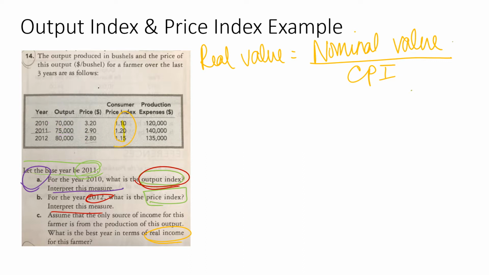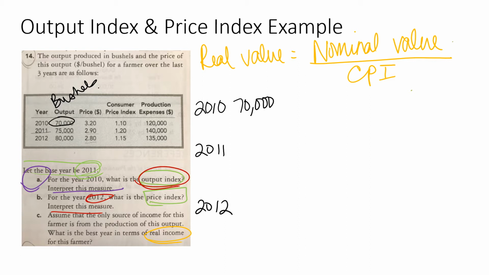I'm going to get rid of some of this stuff. So first we need to figure out, let's figure out how much money was made in each of these years. So in 2010, 2011, and 2012. So in 2010, 70,000 bushels was produced, and we sold those 70,000 bushels for $3.20.